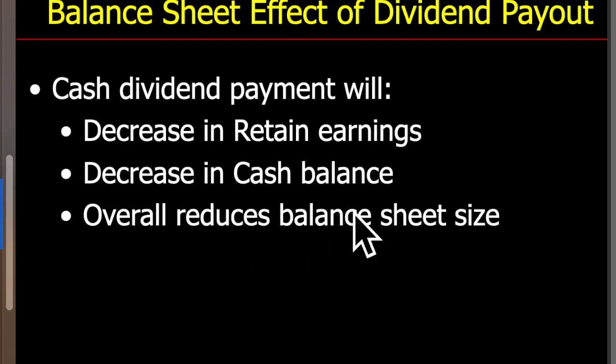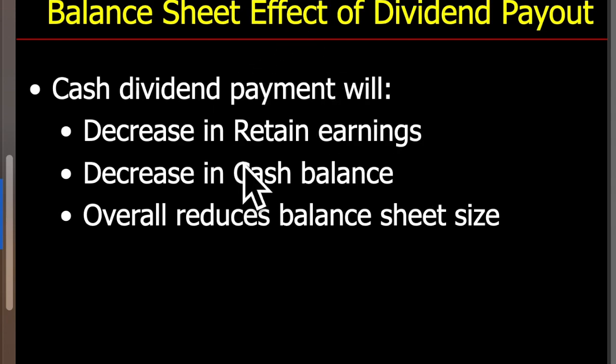Okay, we will quickly go into the balance sheet effect of dividend payout. When companies pay out cash or stock dividends, how will their balance sheet look? As a finance analyst or finance manager, you need to know that we do not have a different balance sheet for dividend payment. It is the same balance sheet, but when you pay dividends, there are effects on it.